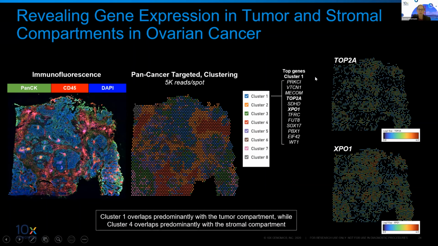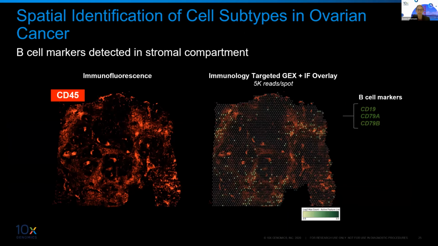We've chosen here the top expressed genes, and within those, you can look at any of the genes, so TOP2A or XPO1, and you can see here their expression pattern across the tissue section. So really quite powerful to have that extra expression information of the same slide.